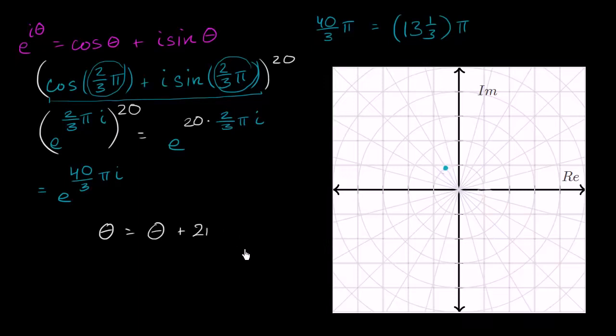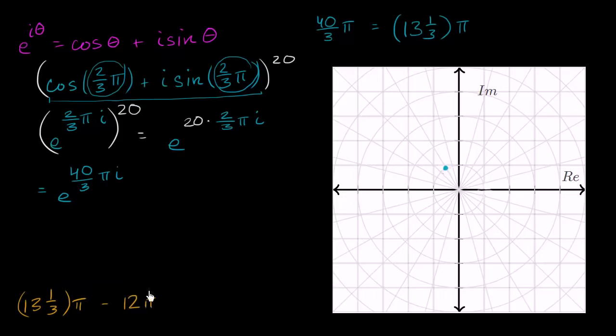So let me subtract. The largest multiple of 2 pi that I can subtract here is 12 pi. So 13 1/3 pi minus 12 pi.